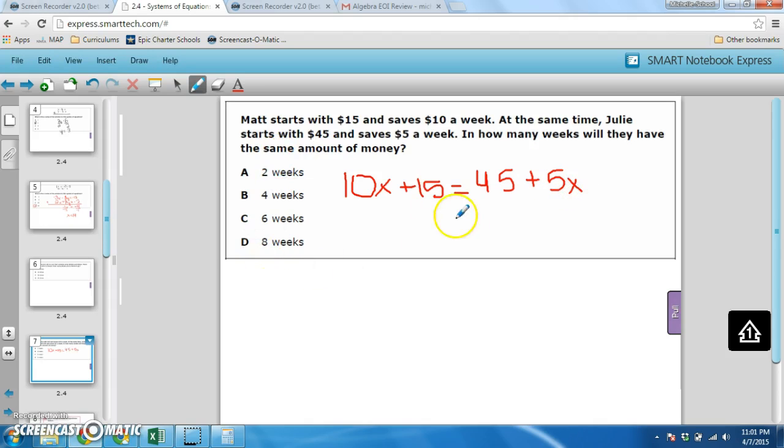So you could plug these in and see which answer is going to get you the one that makes them equal, or you could also solve for x. So I'm going to solve for x, and I can also show you the other way.